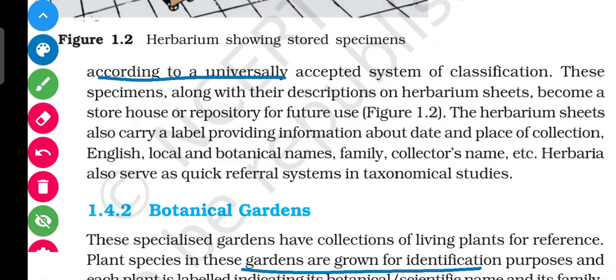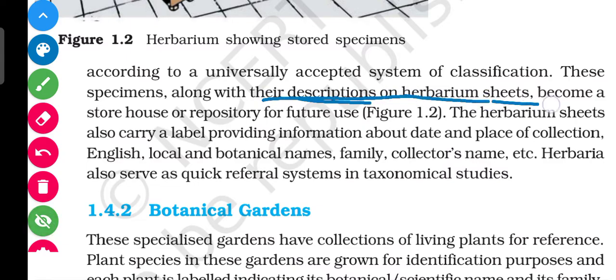According to a universally accepted system of classification, these specimens along with their descriptions on herbarium sheets become a storehouse or repository for future uses.